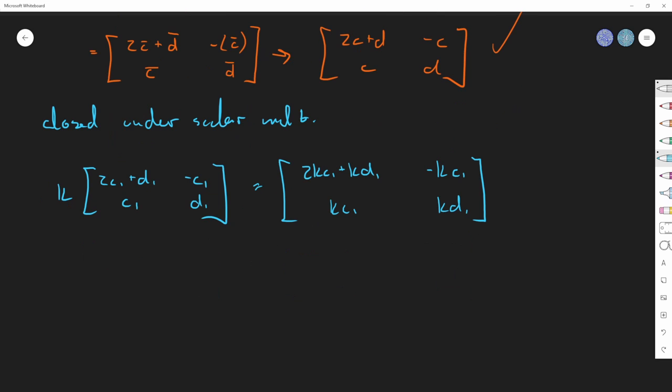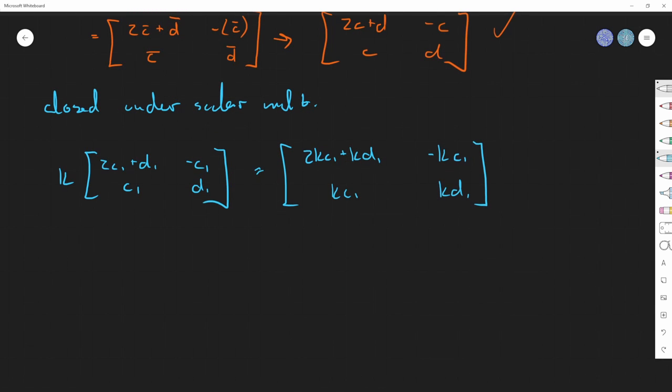Now we're going to substitute again like we did before. We're going to let KC1 equal C hat, and KD1 equal D hat.